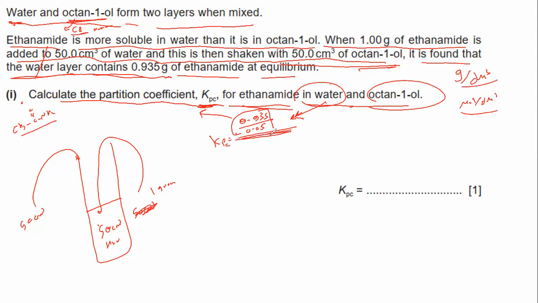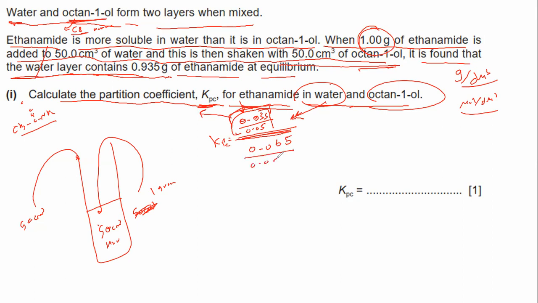This will be divided by the remaining, guys. Don't forget we used 1 gram in the beginning, and in water we have this amount. So the remaining of the 1 gram, which is 0.065, will be in the octane-1-ol layer.